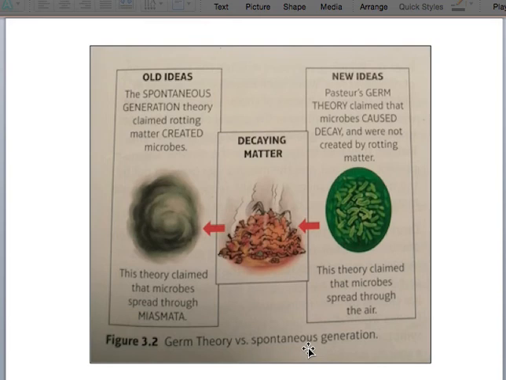We have a picture of decaying matter here. But the new idea was Pasteur's germ theory, which claimed that microbes cause decay and were not created by rotting matter at all. So we can see the slight shift between spontaneous generation and germ theory here.